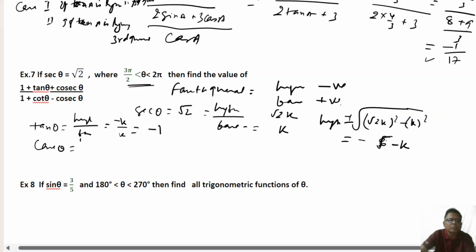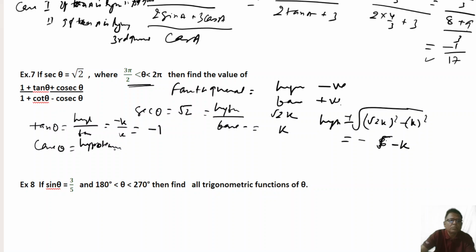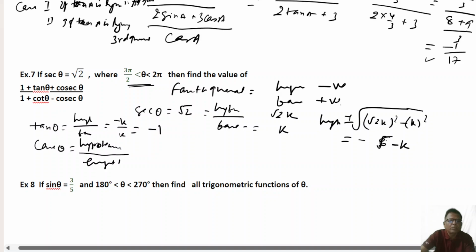Cosec theta is equal to hypotenuse by height. So hypotenuse is root 2k and height is minus k. So you cut it, then it will be minus root 2.